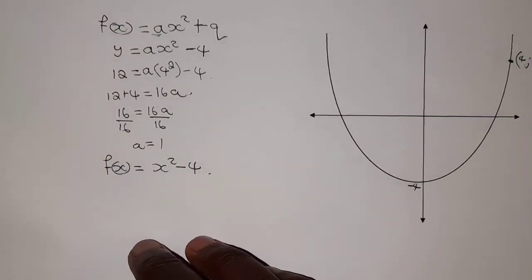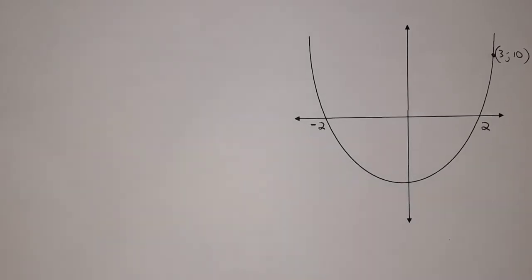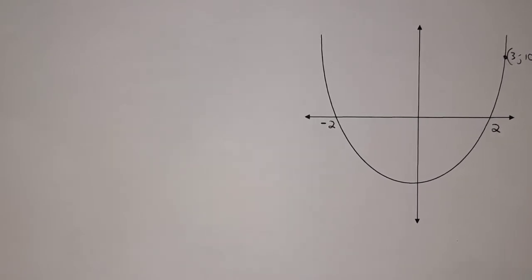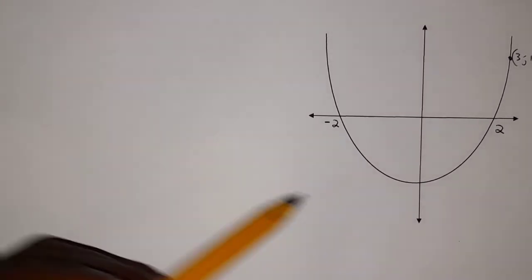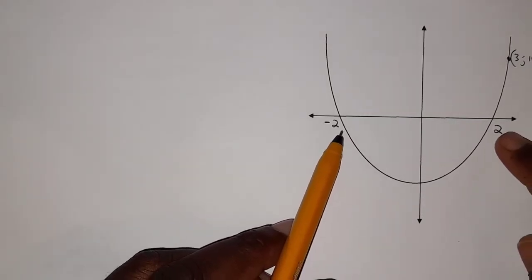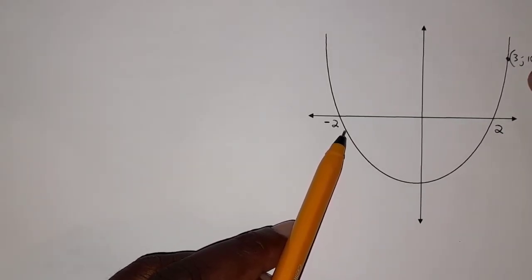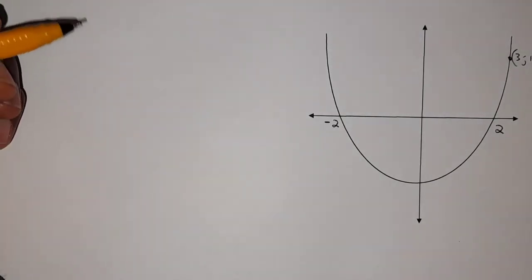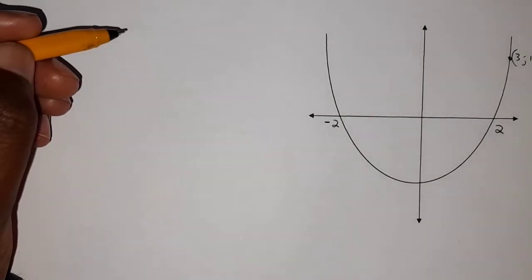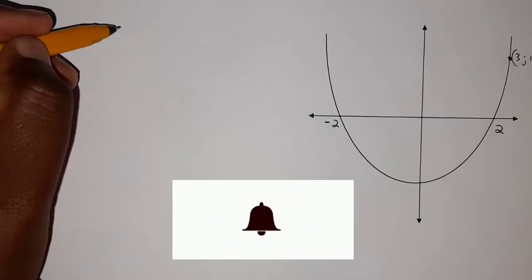The next one, okay, here is another parabola. With this one, we are given the x-intercepts and another point, and we are supposed to determine the equation of this graph or the function.